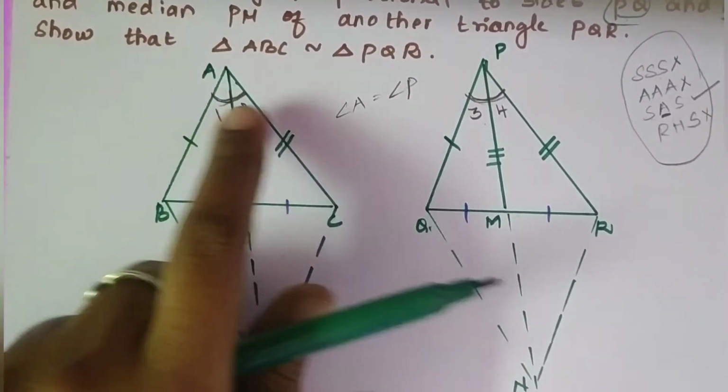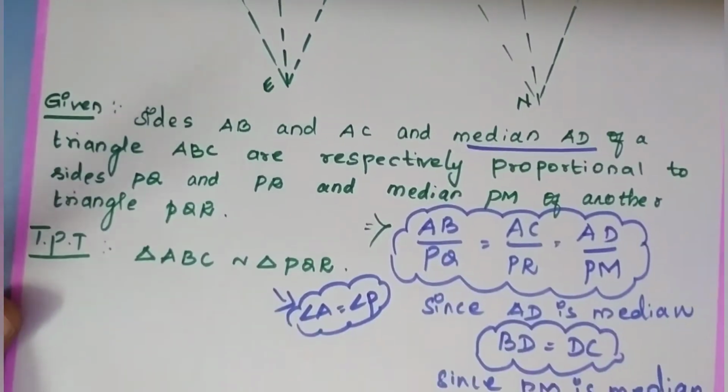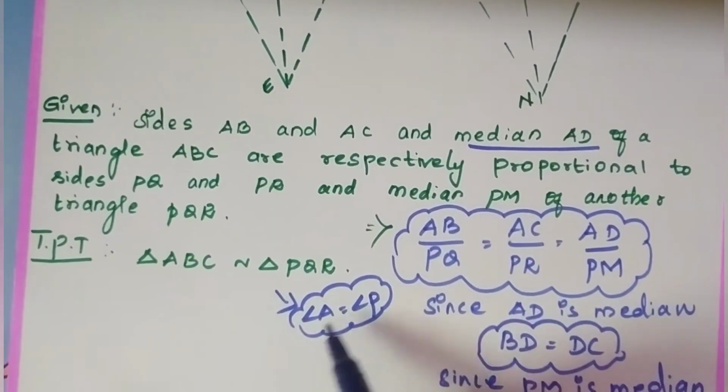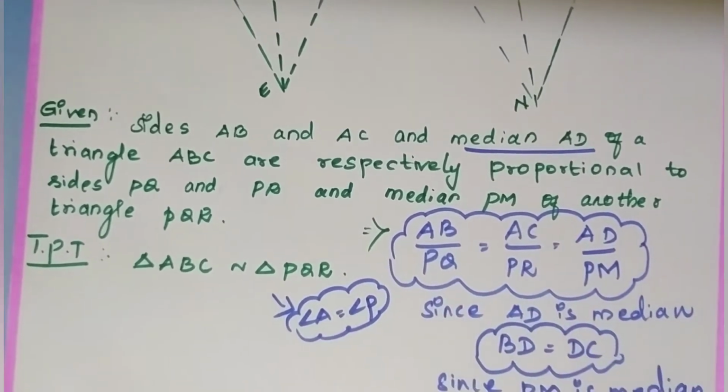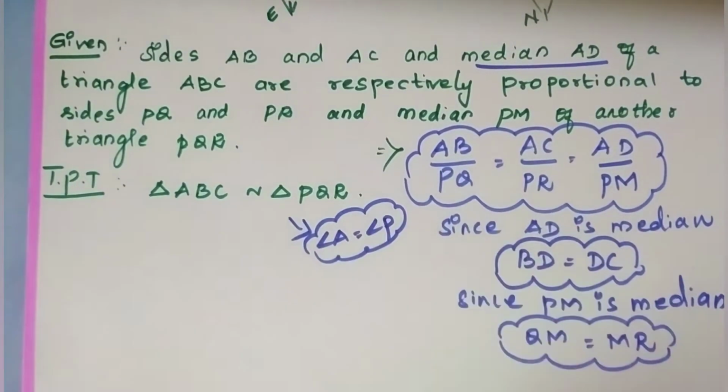So our main aim is to prove that angle A is equal to angle P. All of you clear? Any doubt in this? Okay. Now we start our proof.